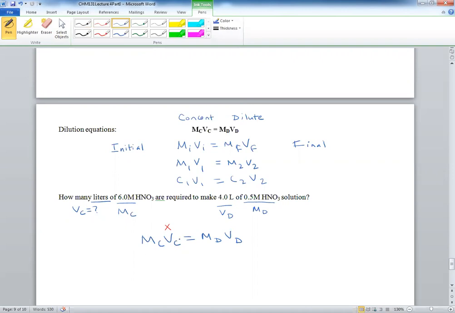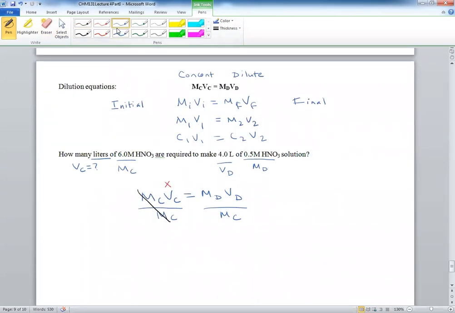We have to isolate V sub C, so we would divide each side by M sub C. Of course they cancel out on this side, and then you're left with V sub C equals M sub D times V sub D over M sub C.